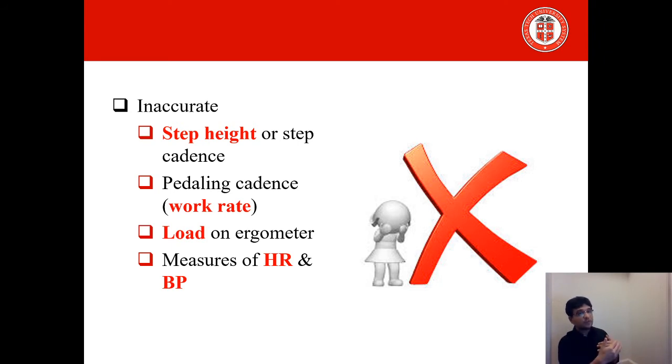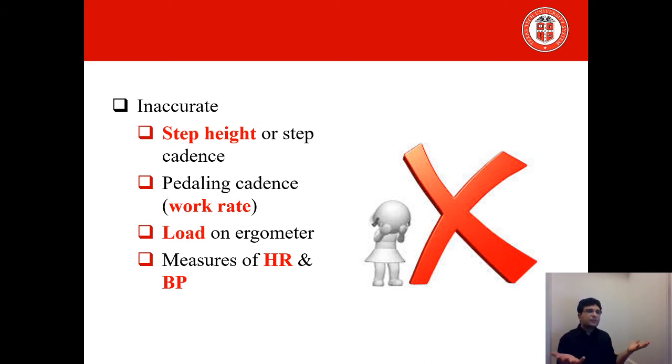What these boxes are and how we are going to keep them for exercise, I'll discuss when I talk about the step test. Now, you can have an inaccurate workload on an ergometer, and you can have inaccuracy while recording the heart rate and the blood pressure.